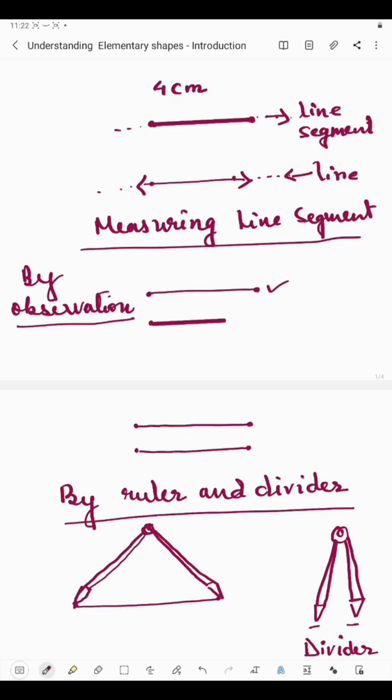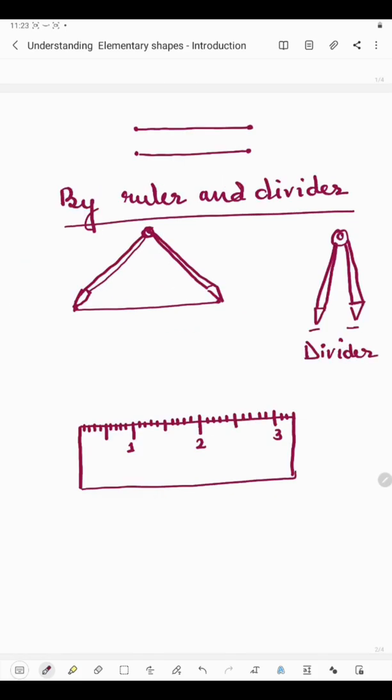Then lift the divider and place it on the ruler. Ensure that one end of the pointer is at 0, and read the mark against the other end point. Suppose here it is. Now see, here is 0.